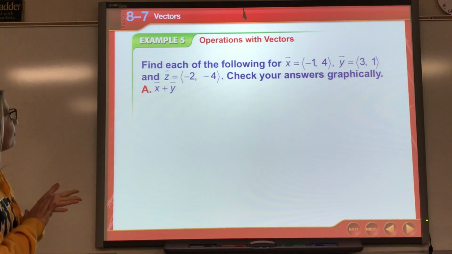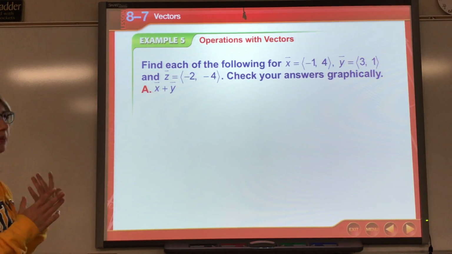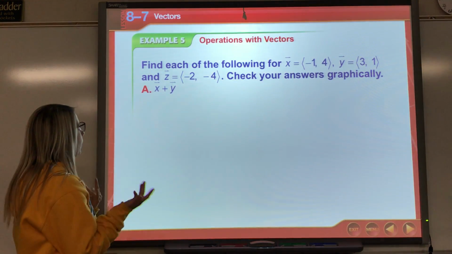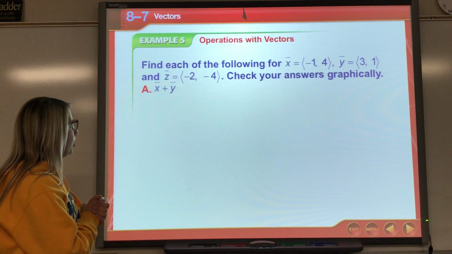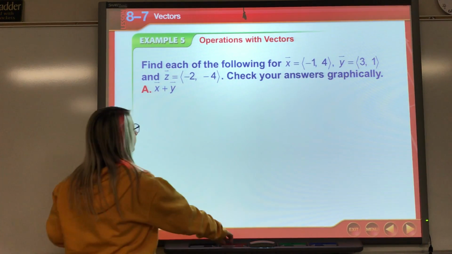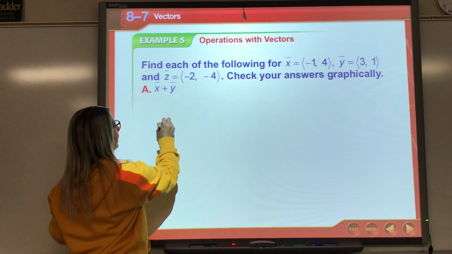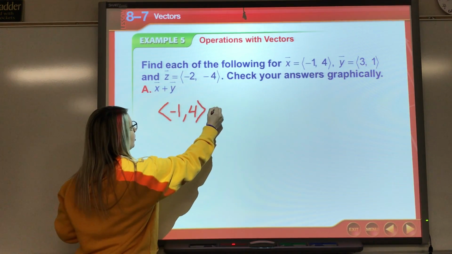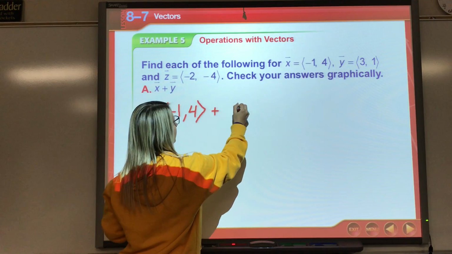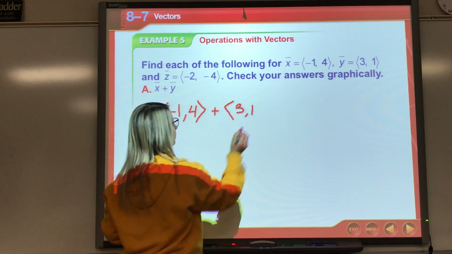Okay, so we have to find each of the following. It gives us some numbers for vectors x, y, and z, and tells us to find x plus y. So if I put x plus y, we would have negative 1, 4 plus 3, 1.